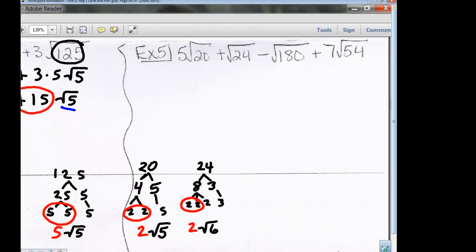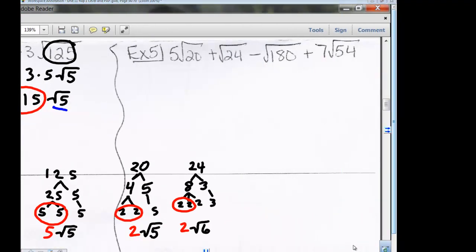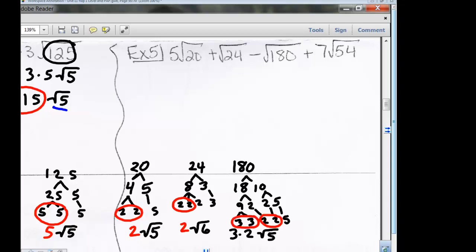So I have 2 times the square root of 6. 180 breaks down to be 3 times 3 times 2 times 2 times 5. I have a pair of 3's and a pair of 2's. So that simplifies to 3 times 2 times the square root of 5. The square root of 54 breaks down to be 3 times 3 times 2 times 3. This breaks down to be 3 times the square root of 6.